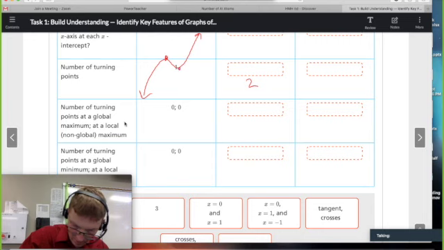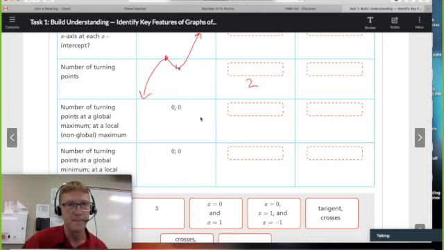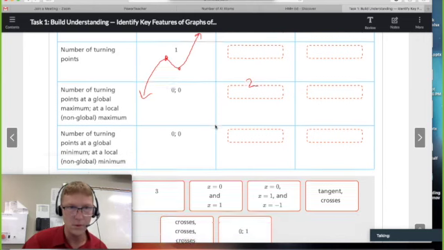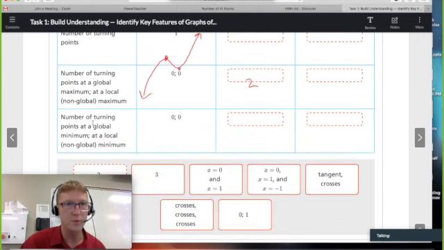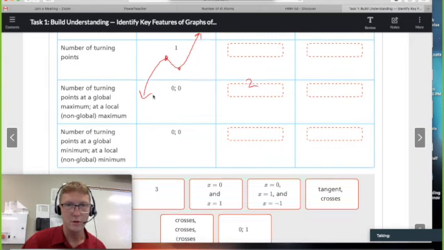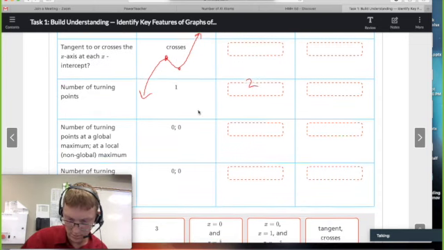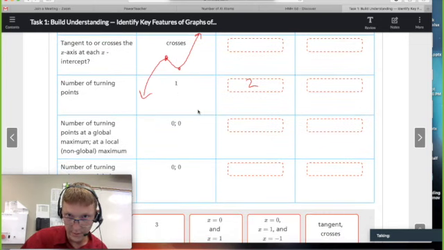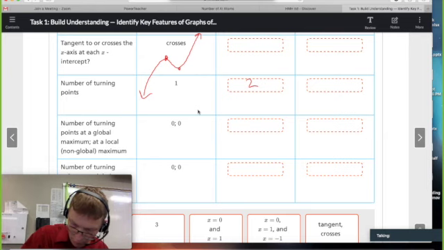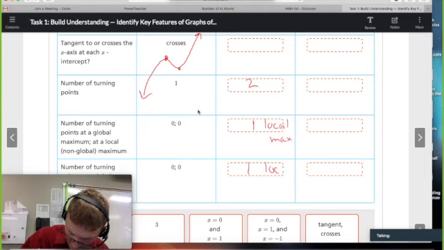And then number of turning points at a global minimum or at a local minimum. Again, each one of these would be 1. So we would have 1 at a local max and 1 at a local minimum.